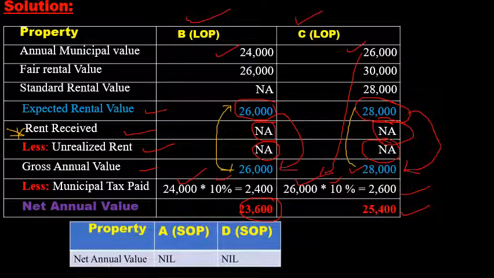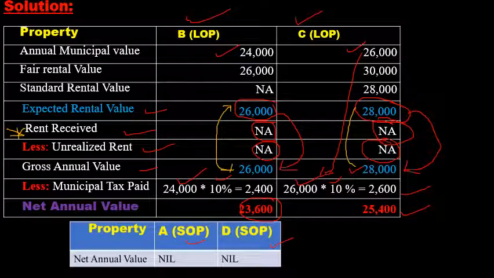So next, about the calculation of annual value of self-occupied properties, the properties which are used for residential purpose, property A and property D. As per our calculation, property A and D are considered as self-occupied property because after calculation of expected rental value, we come to the conclusion that property A and D are considered as self-occupied property, and if you consider these two as self-occupied and B and C as let-out property, SSC gets more tax benefits.